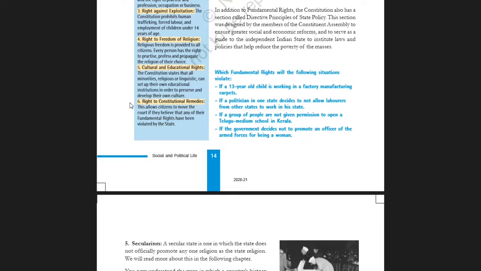Then minorities, Muslims or other castes of people, belong to minority groups. Those who are lesser in number are called minorities here. Religious or linguistic minorities can set up their own educational institutions in order to preserve and develop their own culture. No one can oppose it.